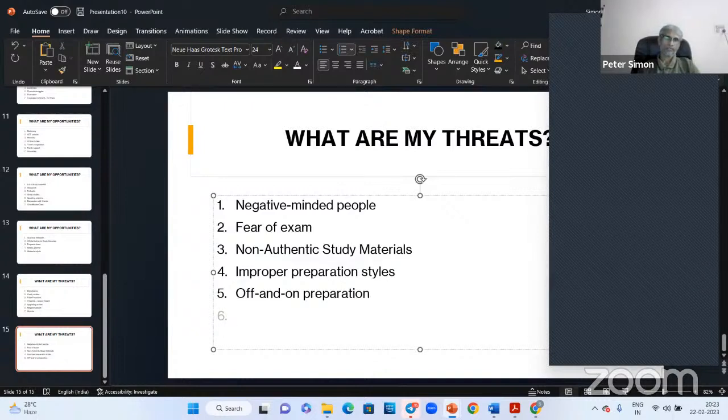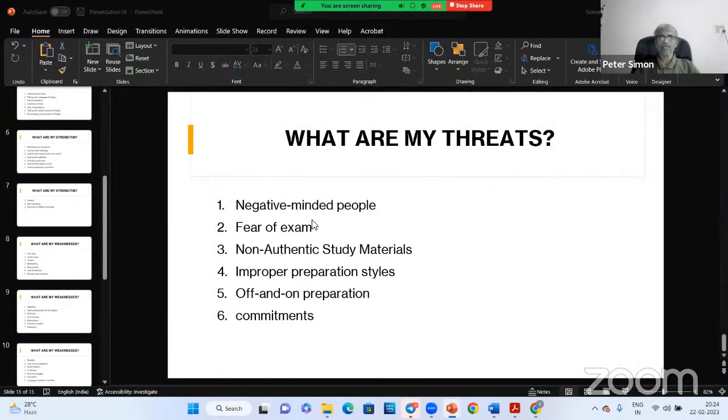Then commitments: marriages, functions, birthdays. Of course, you have to give time to them, definitely. So these are some points which we have discussed.